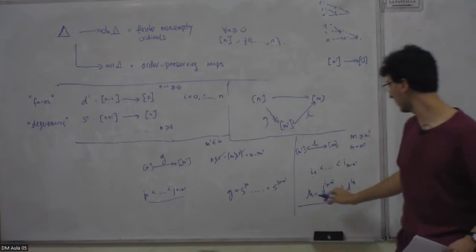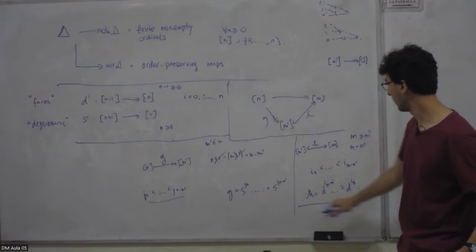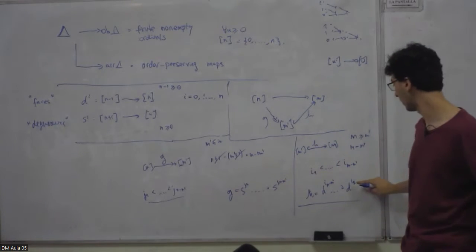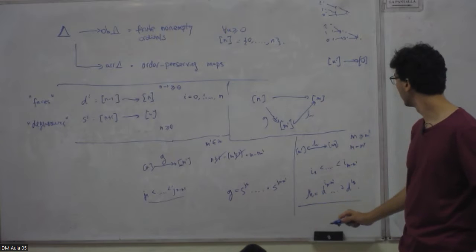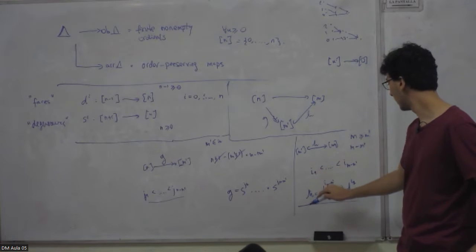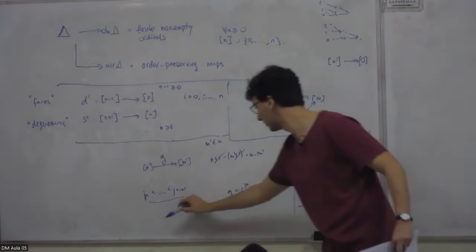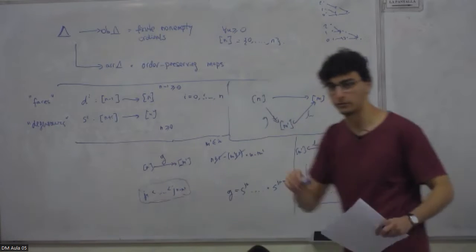But I asked this to be in increasing order, and this as well. So yes, it's uniqueness among the tuples which satisfy these requirements. That's a good observation.